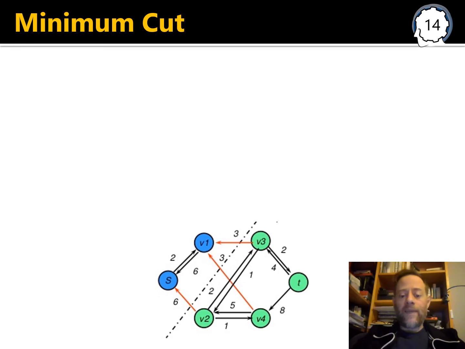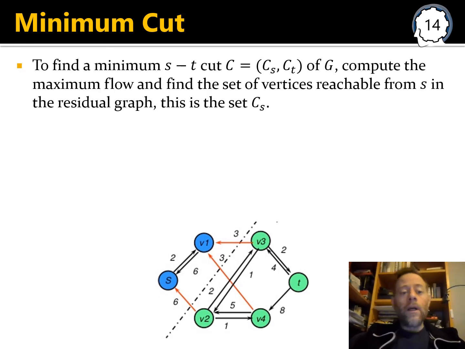Here we then have an example. So we have a six node network, and here the minimum cut is the 3 edges here, the 3 red edges, which then have 0 capacity. So to find the minimum cut, you compute the maximum flow, and then you find the set of vertices that are reachable from S in the residual graph.